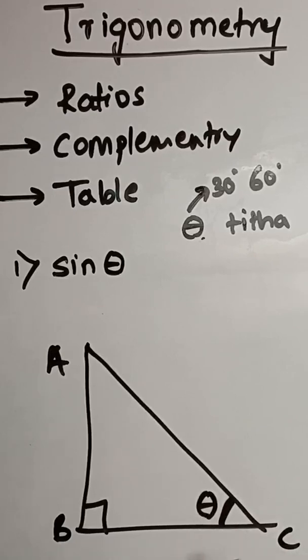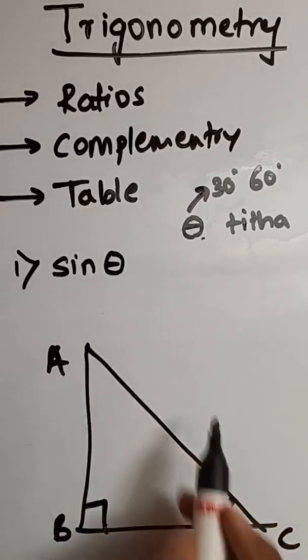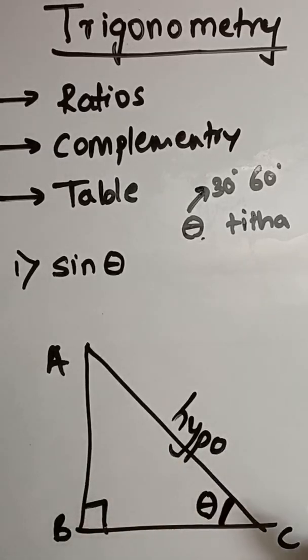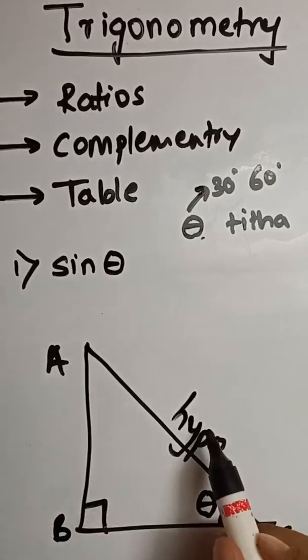I name this angle as theta. It may be of any value, 50 degrees, 40 degrees, 60 degrees, anything. Now the side which is opposite to 90 degrees is the hypotenuse. We know that the side which is opposite to 90 degrees is the hypotenuse. So this is the hypotenuse.